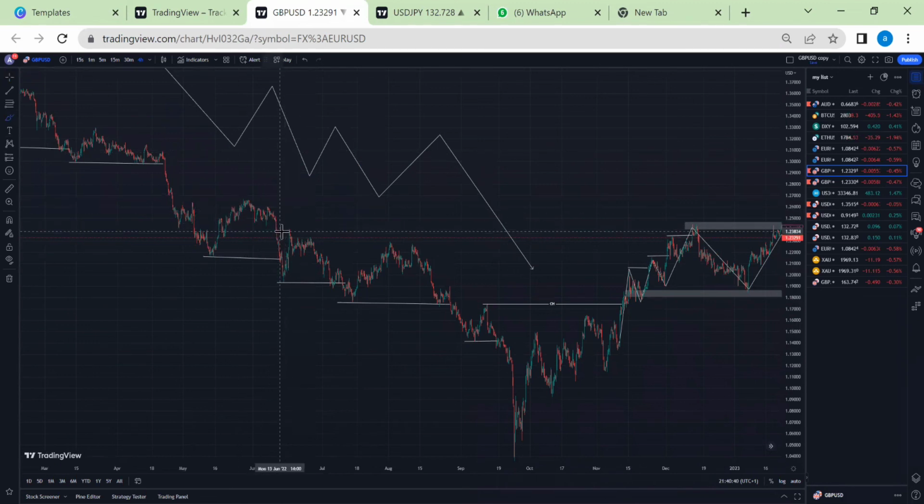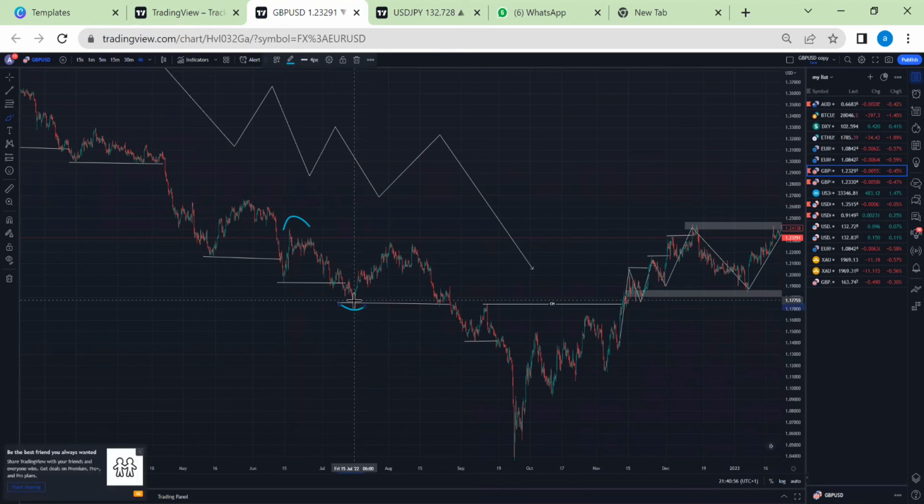We have higher low here, right? And we have lower low here. Now from this point to this point, excuse me, from this point to this point, we have what? We have our leg of price on 4 hours time frame.